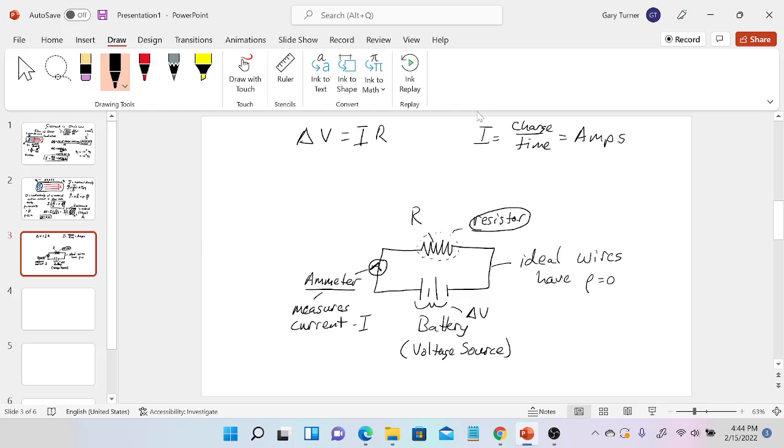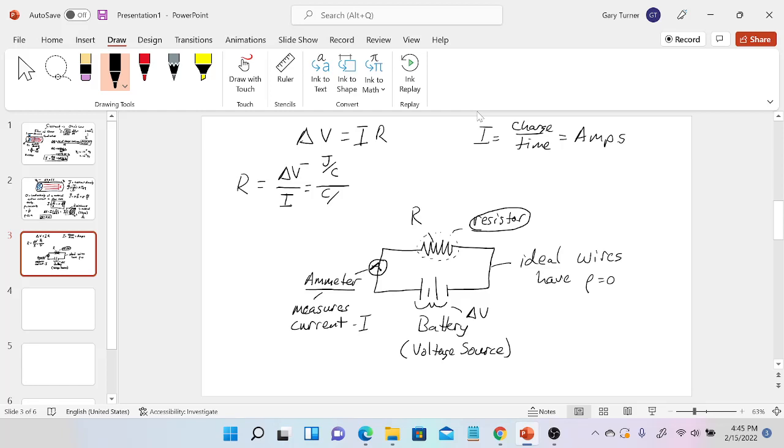And so, thinking about this will give you some intuition about what an ohm is. Okay, so resistance is equal to potential difference divided by current. But remember what potential difference is. Potential difference is potential energy or joules per unit charge or coulomb, and current is coulombs per unit time.